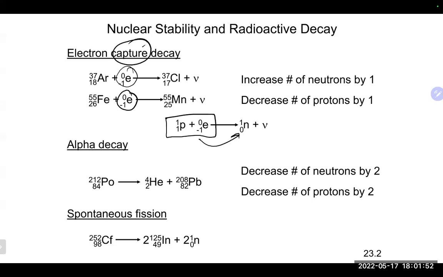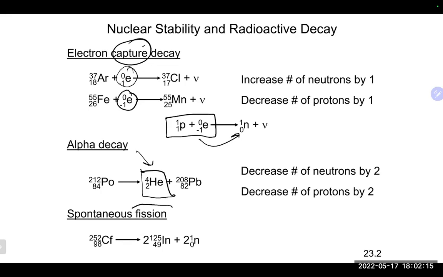And overall, we do see a drop in the atomic number on the right hand side. The biggest change obviously occurs with our alpha particle here. We have a 4 and a 2: the mass number decreases by 4, and the atomic number also decreases by 2.